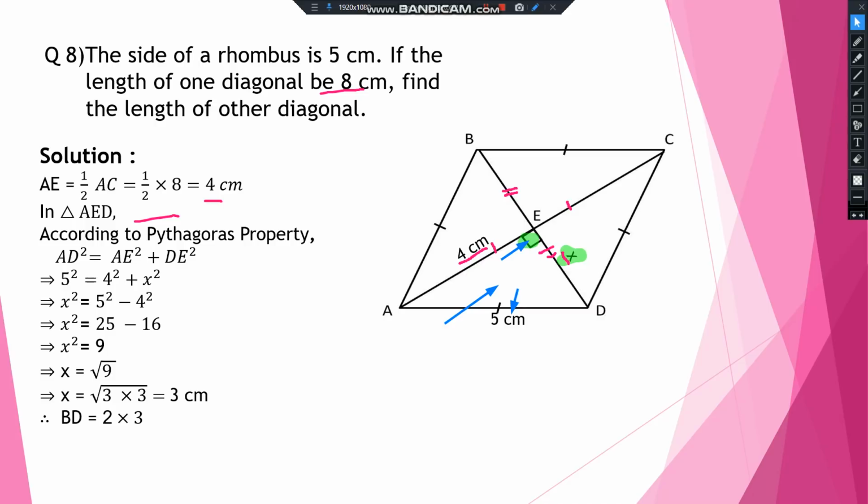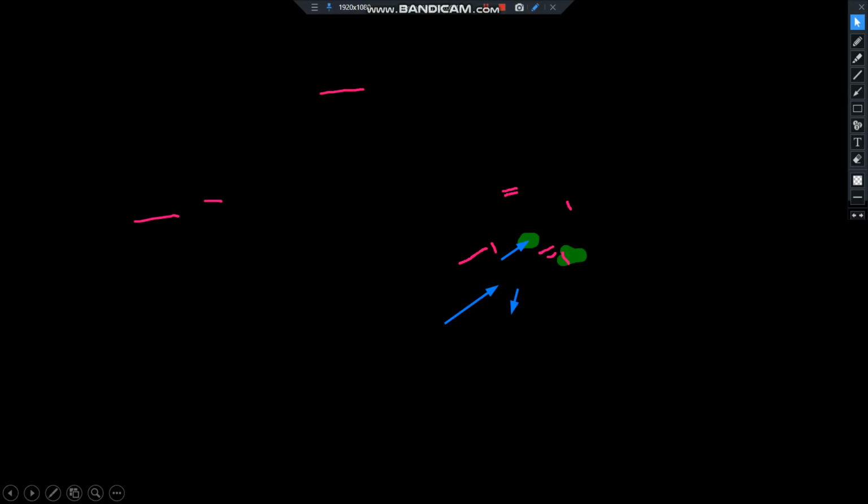Now BD is twice of DE, or you can say DE is half of BD. So twice of DE means 2x, that is 2 into 3, that is 6 centimeters. Since we found x, we can find BD also.